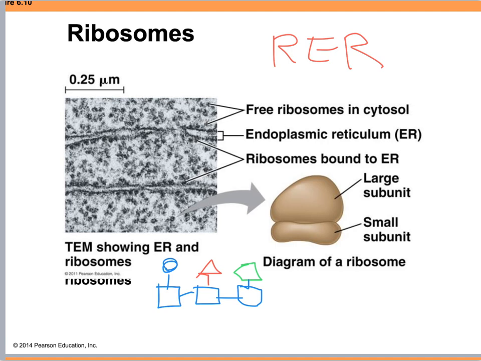Ribosomes can be found freely floating out in the cytoplasm of the cell, which cytoplasm is all that watery space inside of the cell that isn't one of the organelles. They can be freely floating there, or they can be stuck on a membrane. When they're stuck on a membrane, like is shown here, these little rough dots that we can see on the membrane, it's called the rough endoplasmic reticulum. The rough endoplasmic reticulum has these ribosomes that are along there.